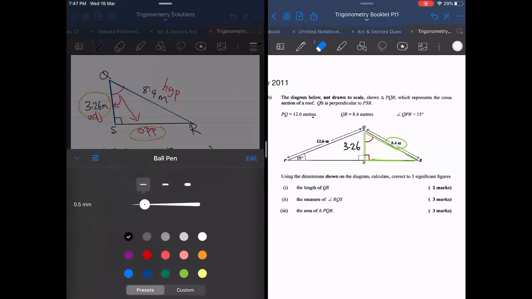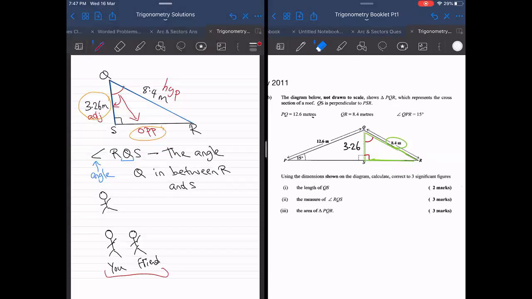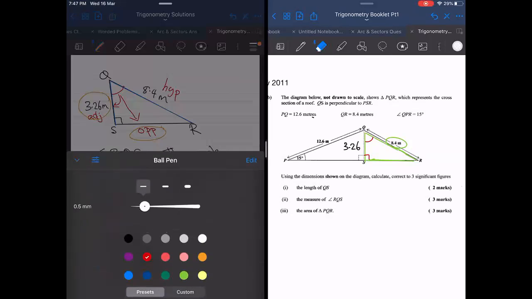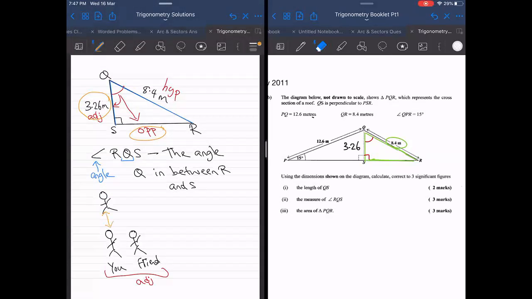You want to think of it as this friend is adjacent because that person is right beside you. Whereas this person is across the road, so you're saying hi to that friend across the road. This person would be on the opposite side of the road.